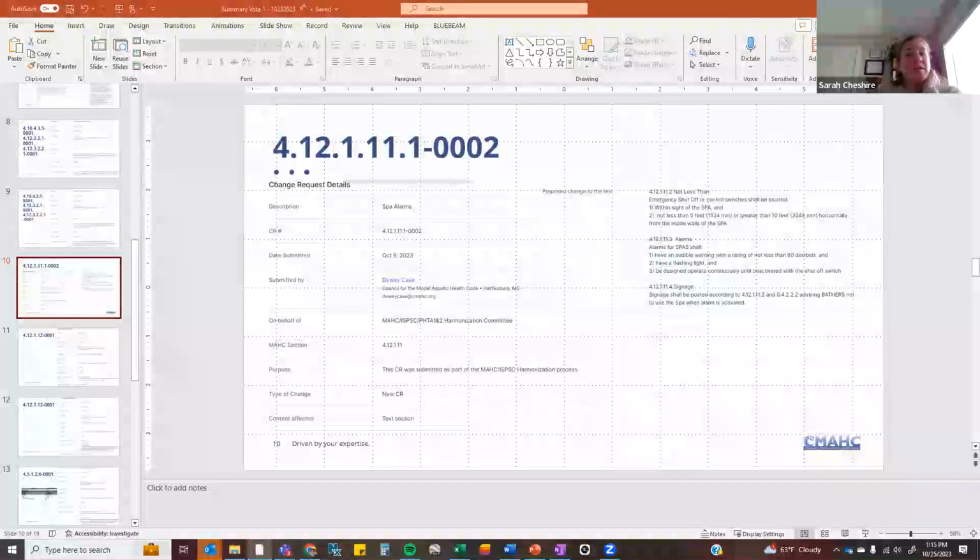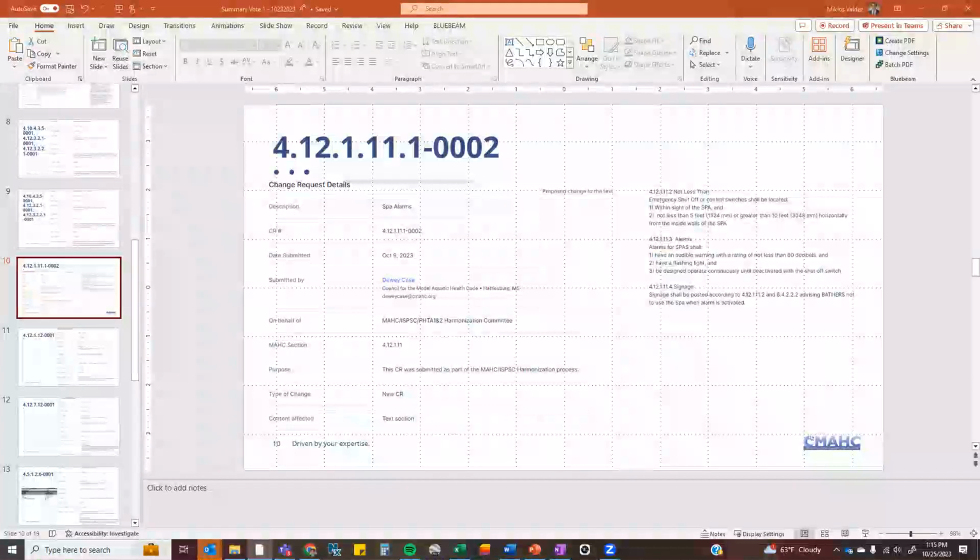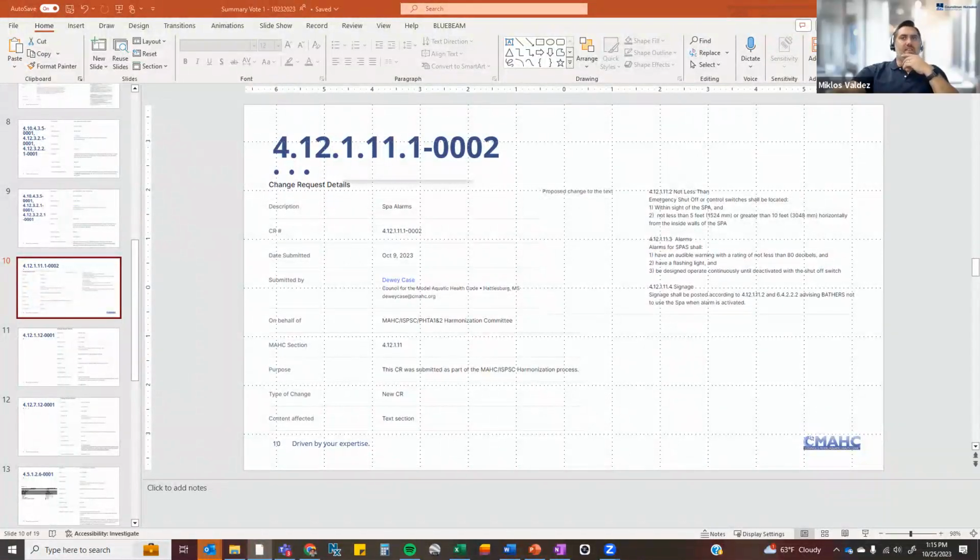Joe, I have it pulled up. It says all spas shall have a clearly labeled emergency shutoff or control switch for the purpose of stopping the motor or motors that provide power to the recirculation system and hydrotherapy jet system. Okay. Yep. I think we're good then. So the crux of this is it's going to add where they need to be placed, so within 10 feet of the spa.